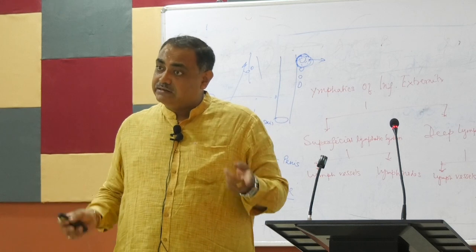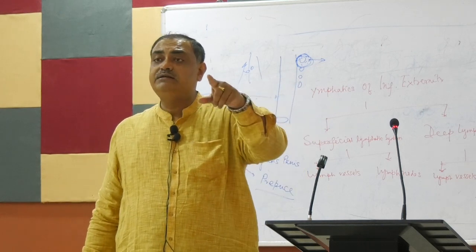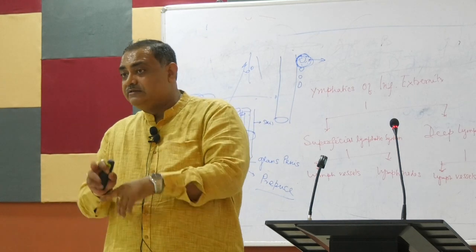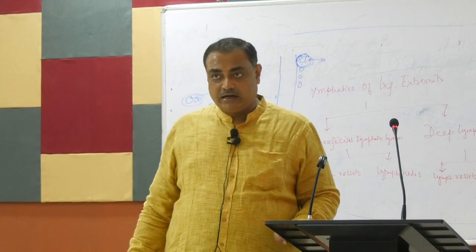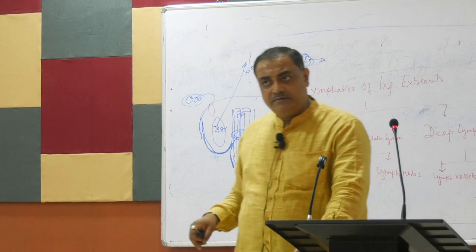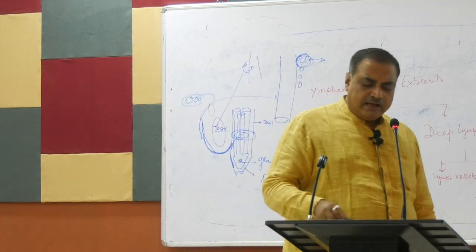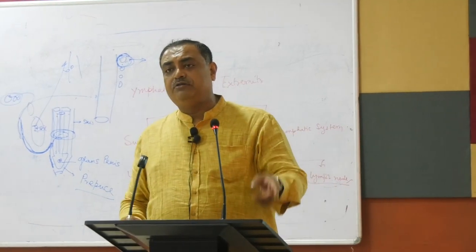Correct? So primary structure can give rise to alteration in secondary structure as well as tertiary structure as well as quaternary structure if it is so. So primary structure is very, very important. Fine. But that change must be in an area which is responsible for that particular function. Do you follow?